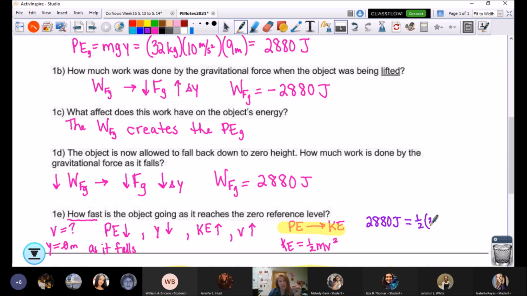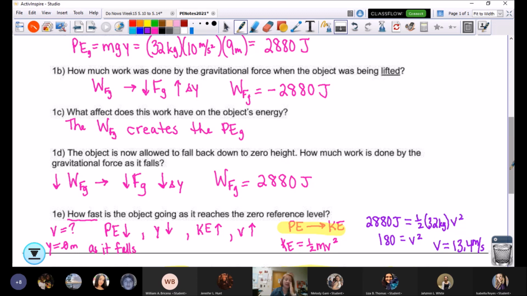My mass doesn't change. And now I can find how fast, or the speed. Dividing, and then taking the square root. Our speed is now 13.4 meters per second.